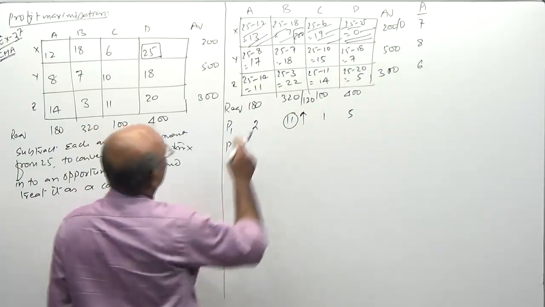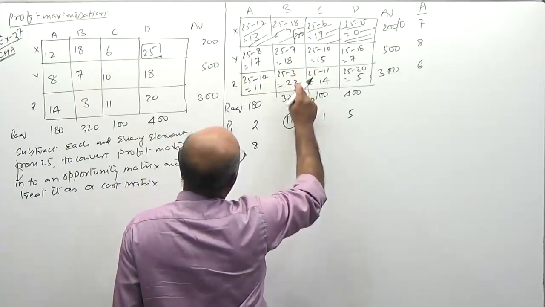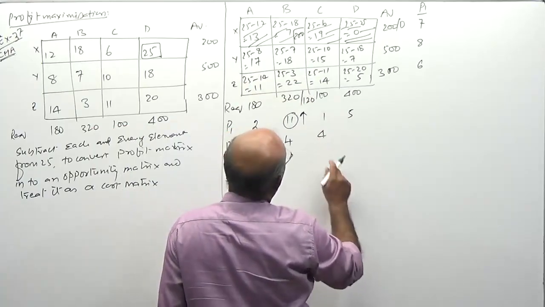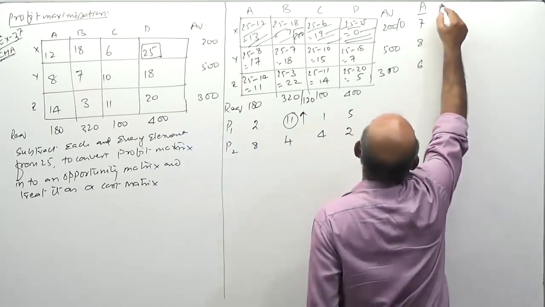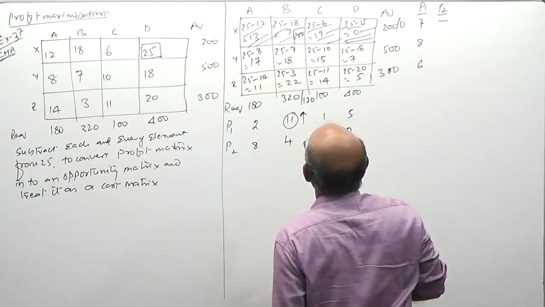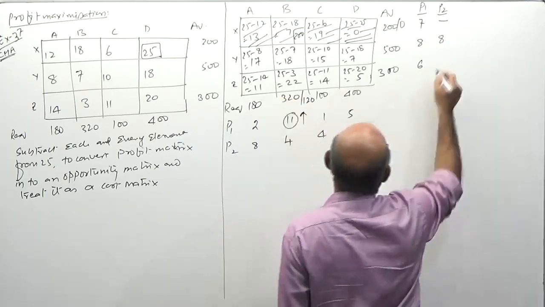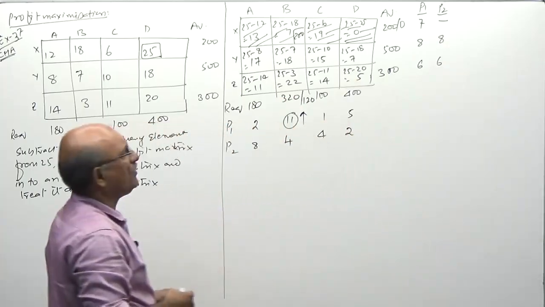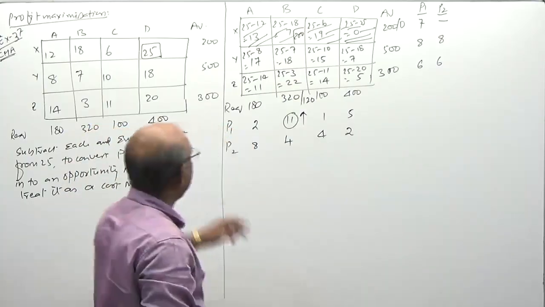Calculate penalties 2. 11 and 17, 8. 18 and 22, 4. 14 and 15, 4. 5 and 7, 2. Row wise also calculate penalty. 7 and 15, 8. 5 and 11, 6. 8 is the maximum penalty and it is at 2 places.